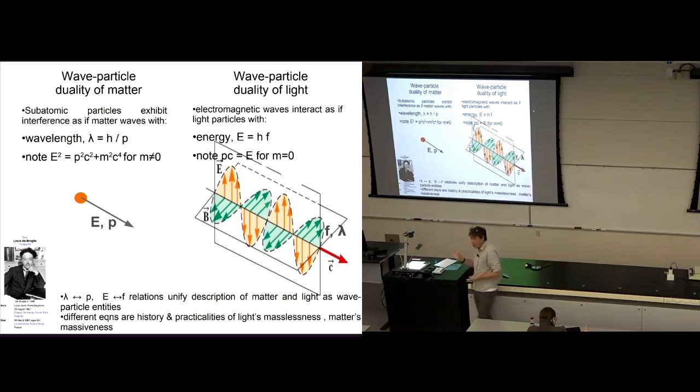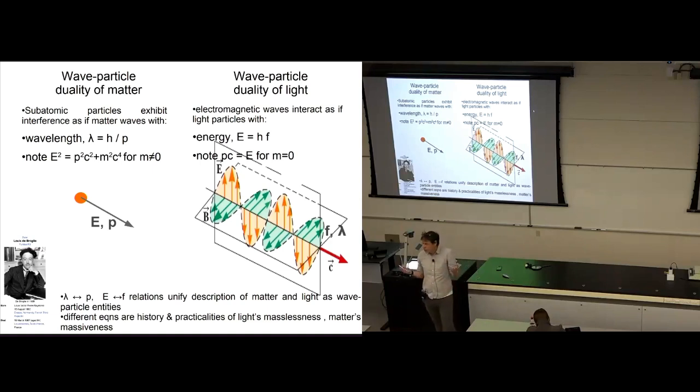And again, in that equation, there's Planck's constant, because Planck's constant sets the scale of wave-particle duality, this strange nature of matter and light at subatomic scales. And so we see this equation here. So these are the two equations that bridge these worlds of waves and particles for light and matter.